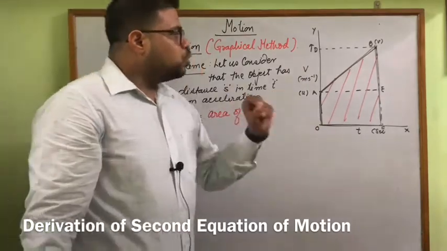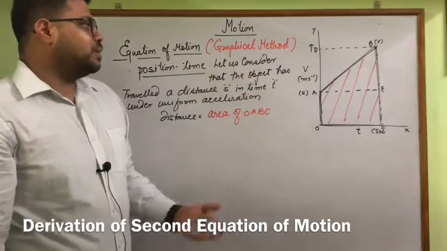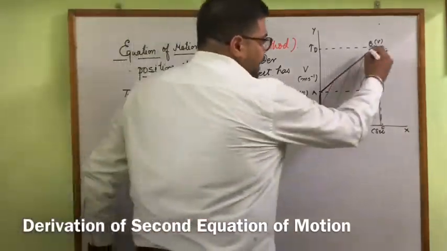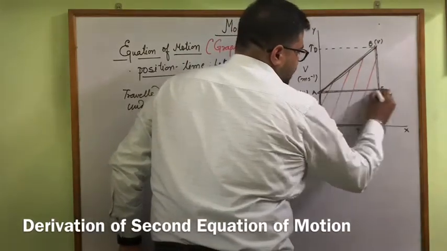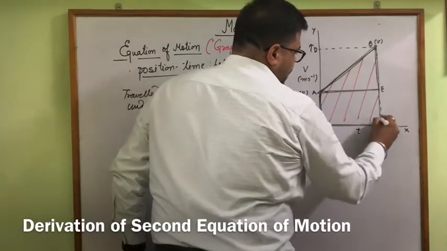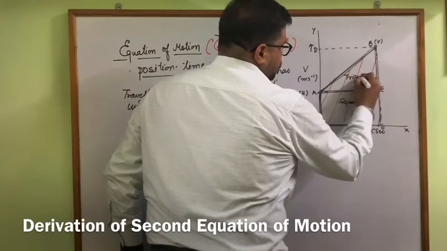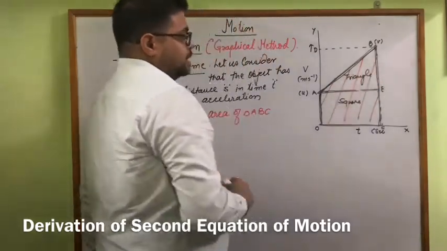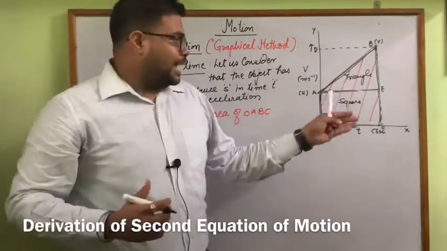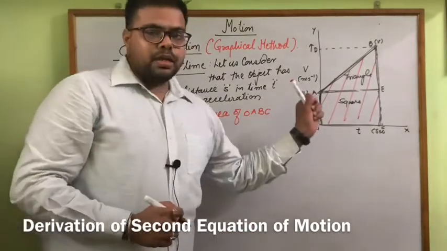So here there are two methods. First, we can take the whole as a trapezium, or second, we can divide the trapezium into two parts. If we divide the trapezium into two parts, the first part looks like a triangle and the second part looks like a square. So I write here it is a square and it is a triangle shape. So I divide the whole trapezium into two parts. If we choose the second method to find the area, definitely we will reach a very important relation.